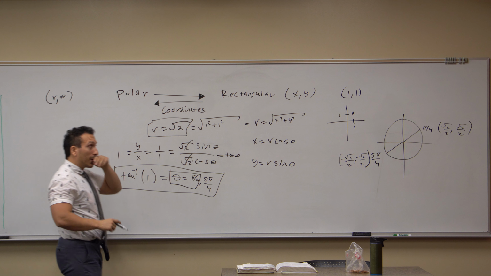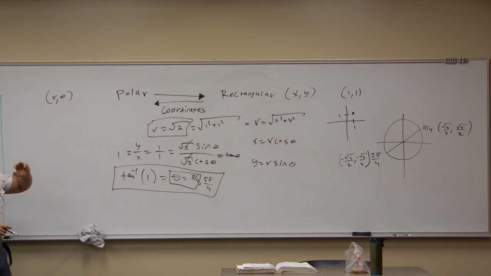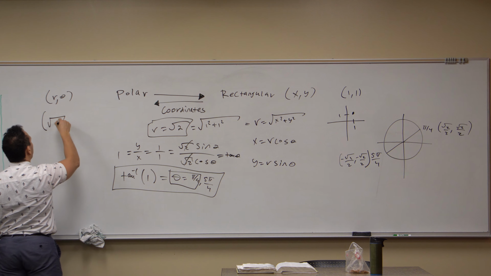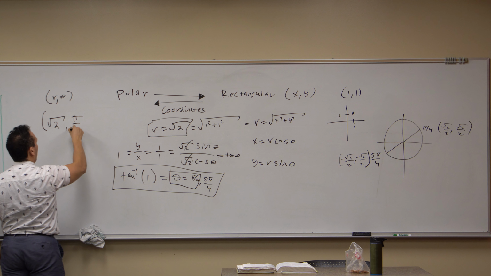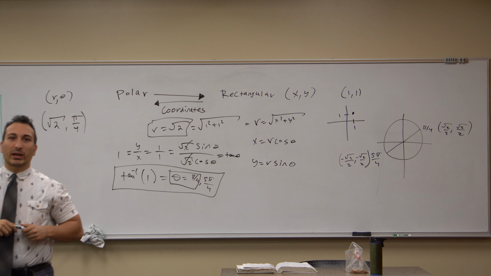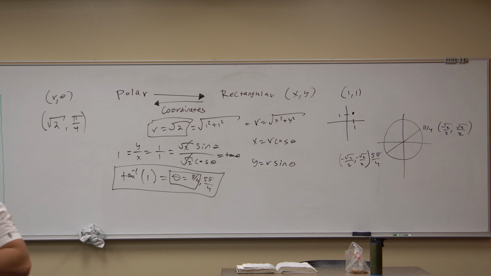But since we want to adhere to the location where 1, 1 is, we will pick pi over 4. So our r, theta ends up becoming root 2, pi over 4. So now, given rectangular, you have learned how to convert into polar. In the next videos, we'll give you a polar and show you how to convert to rectangular.